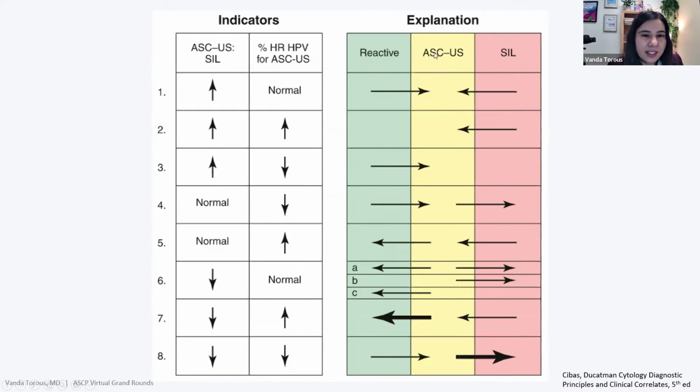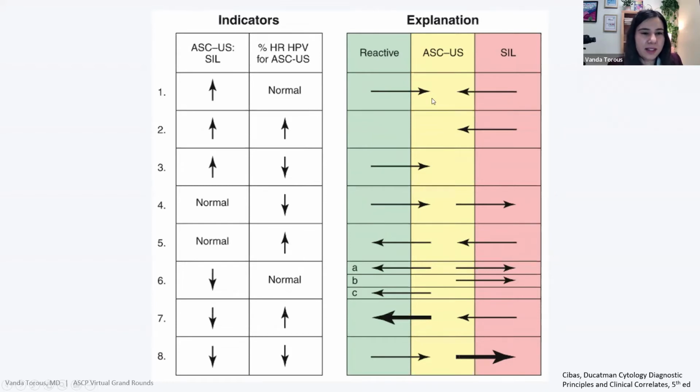So this will increase the ASCUS to SIL ratio, while at the same time, the percentage of high-risk HPV for ASCUS will be normal. And this is because you're getting contributions of cases that will be negative for high risk, which are now being called ASCUS, and ones that may be positive, which should have been, theoretically, called SIL, as ASCUS as well.